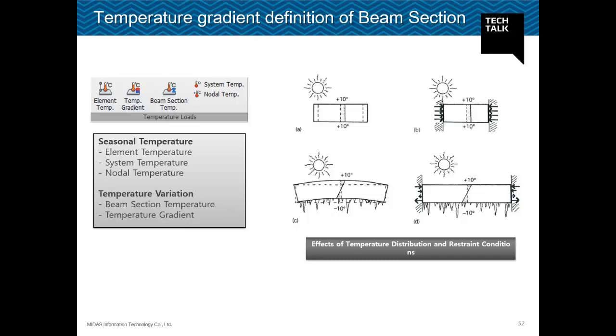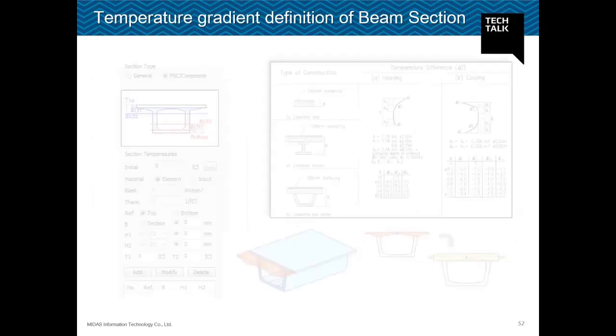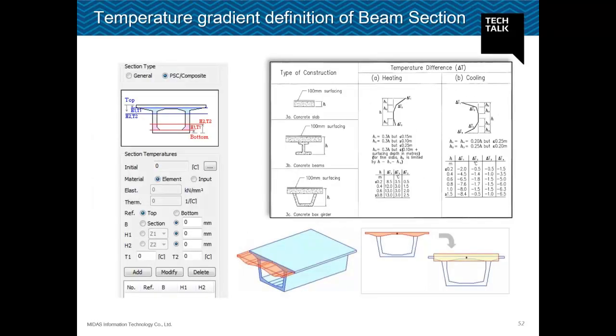For temperature gradients, especially non-linear temperature variations, Civil has a useful feature called beam section temperature. Simply hold the reference position of the section and enter the temperature variation for each position. The stress in the cross section is calculated by considering the locked-in stresses.